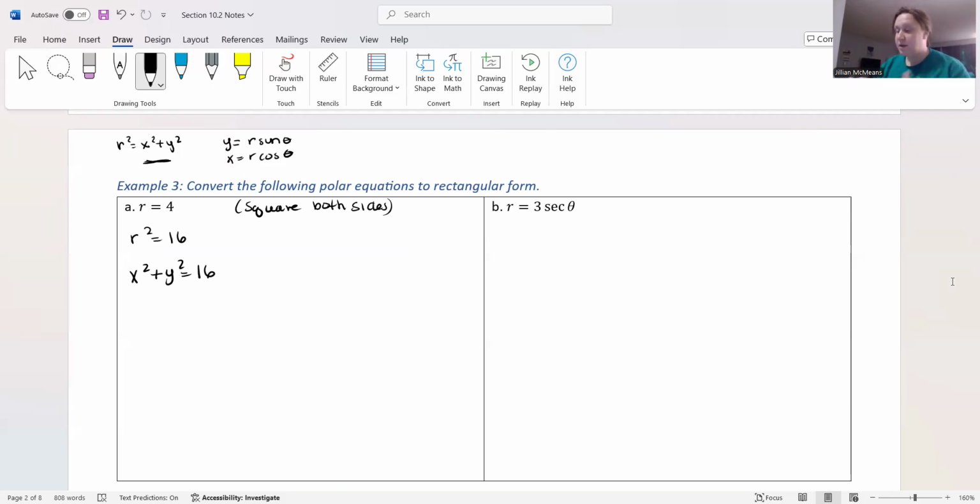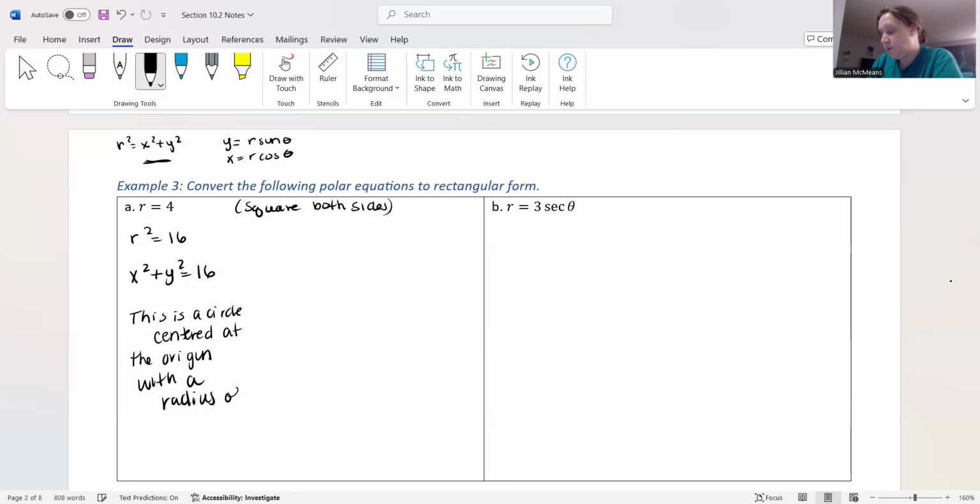What is this? This is a circle centered at the origin with a radius of 4. And let's kind of think about that.